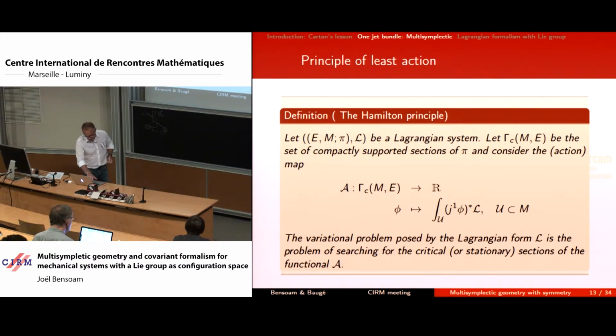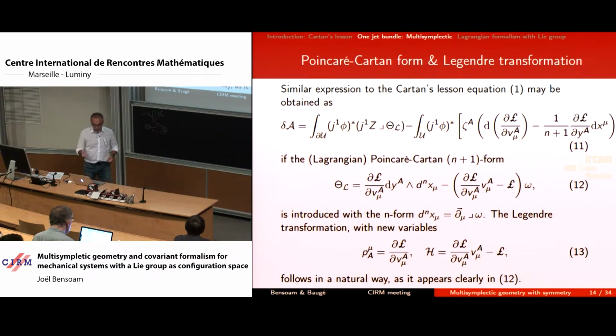for each section, you can compute the variation of an action, the action. And now you want to do exactly the same thing, trying to make the section vary and to compute the variation of the action.